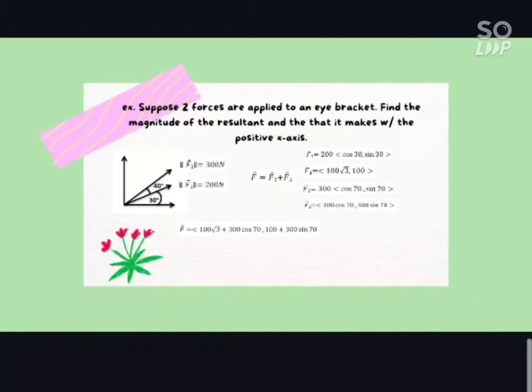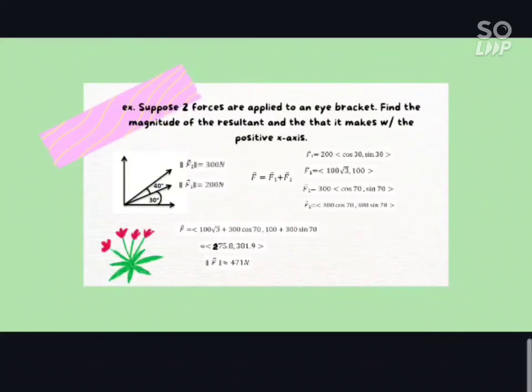Then this is about 275.8 comma 381.9. Okay, now we have the resultant force.